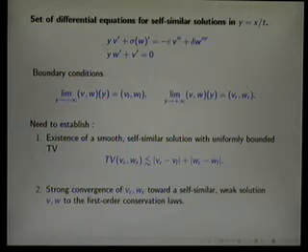Now the initial conditions are sent to infinity and become boundary conditions for V and W in this form. So what we need to do here is to show that the total variation of V epsilon, W epsilon is uniformly bounded, and then to analyze the limits whenever possible.